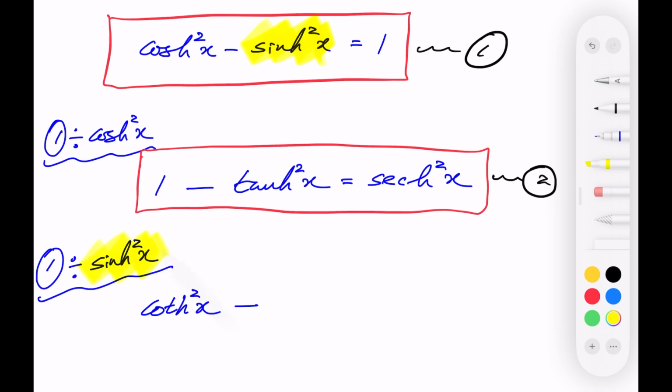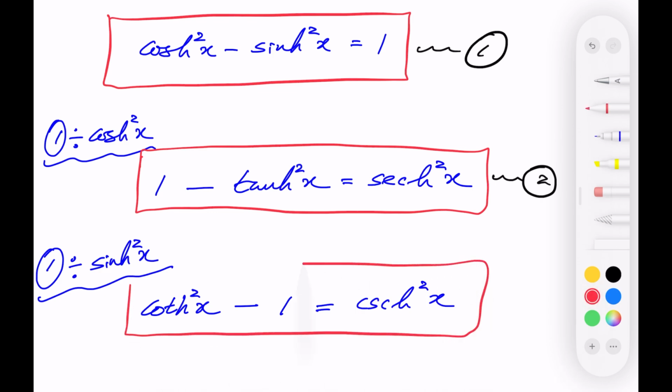That has to be divided by hyperbolic sine squared x, which becomes just a 1. On the right hand side, I need to divide 1 by hyperbolic sine squared x. When I do so, it will be 1 over hyperbolic sine squared x, which is hyperbolic cosecant squared x, which is csch squared x. That's your third Pythagorean identity for hyperbolic functions.